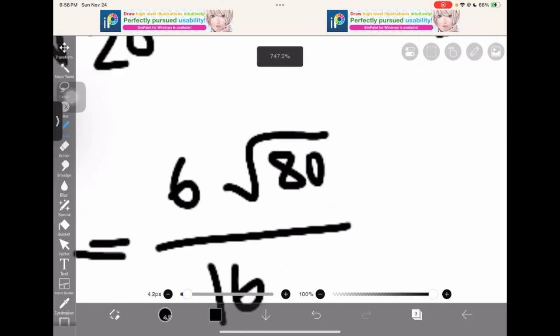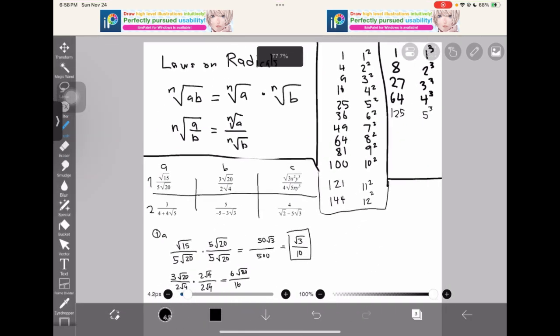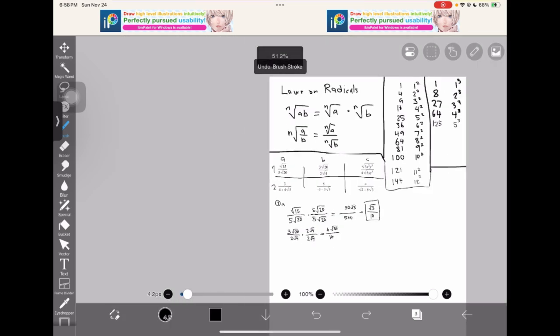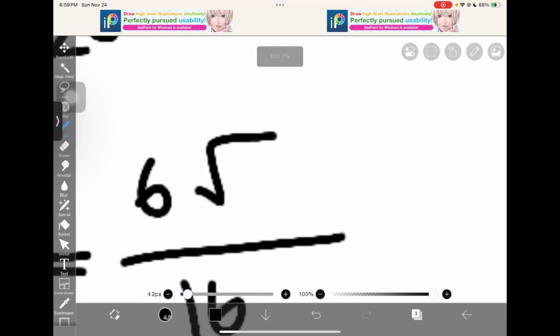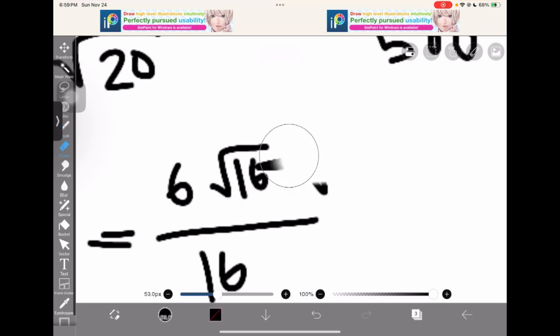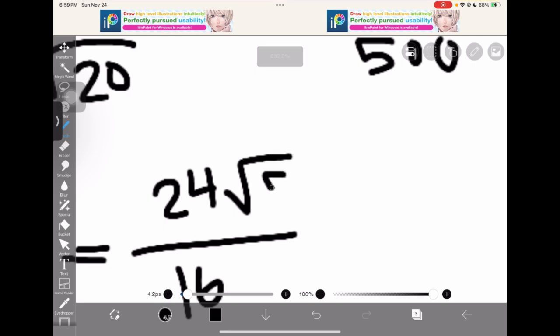But we can simplify that further by, as you can see, it's divisible by 16. So we can just do square root of 16, square root of 5, or simply put 6 times 4 times square root of 5, or just 24 square root of 5.